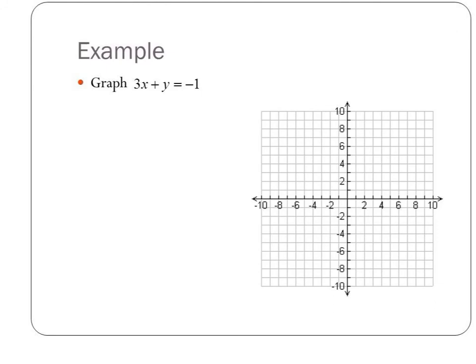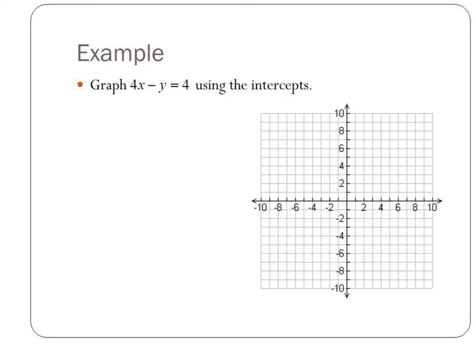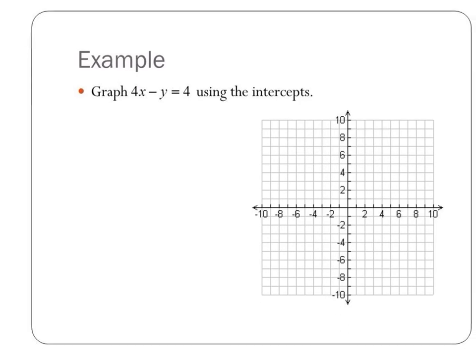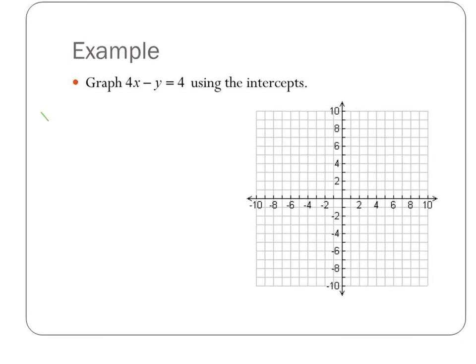Let's look at one more of those. So here we have, if you are in standard form, you're going to graph using your intercepts. Okay, it's probably the easiest way to graph if you're in standard form. So my x-intercept, I'm going to make y be 0, because at every point on the x-axis, y is 0.